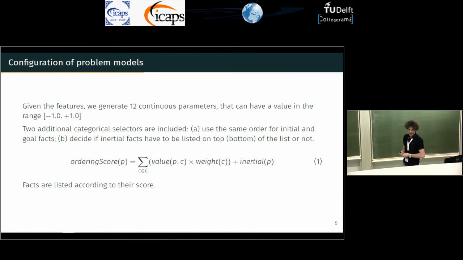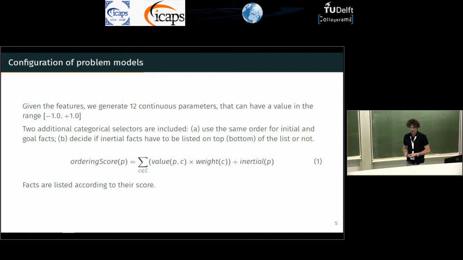And the second, a categorical selector that allows you to decide if you want inertial facts to be on top, on the bottom of the list, or decide basically that the fact being inertial does not matter for the configuration.